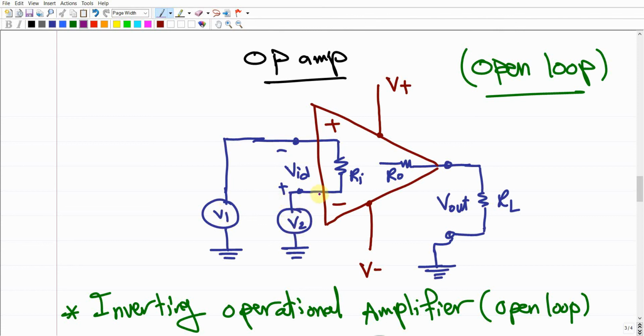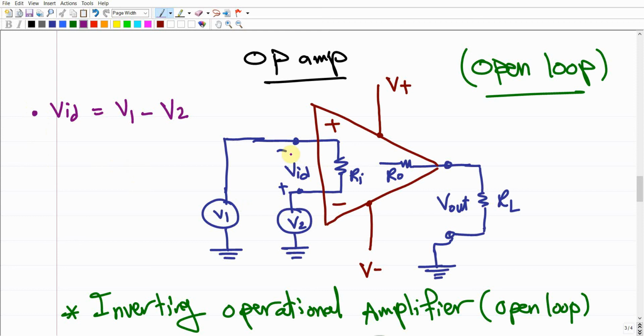As you can see, V2 is at the negative terminal, the inverting input, and V1 is the non-inverting input, at the positive terminal of the amplifier. And VID is the difference between them.